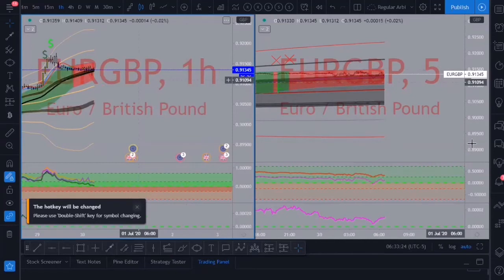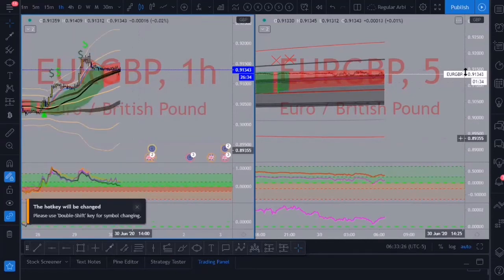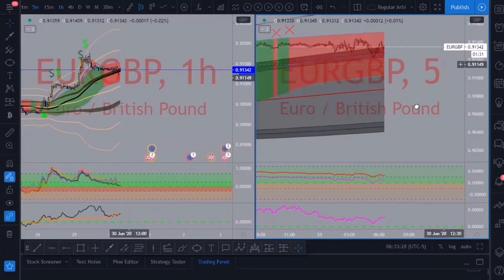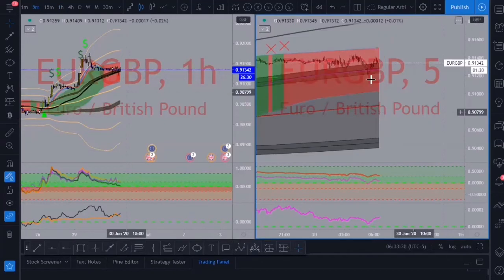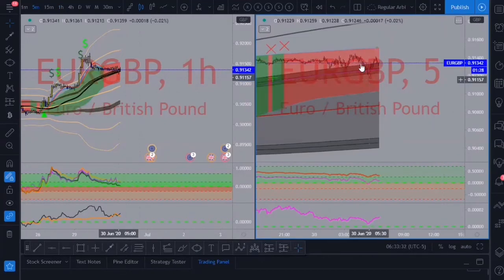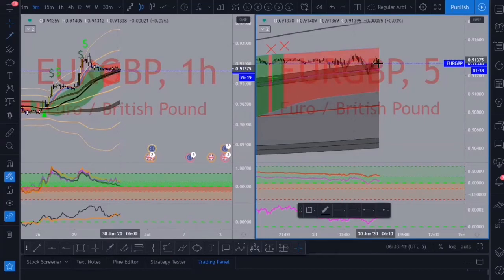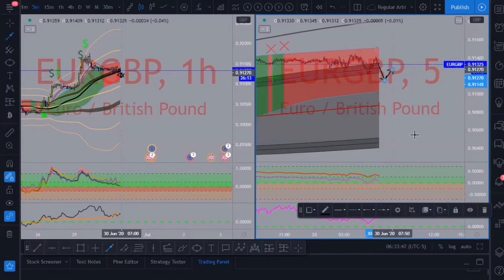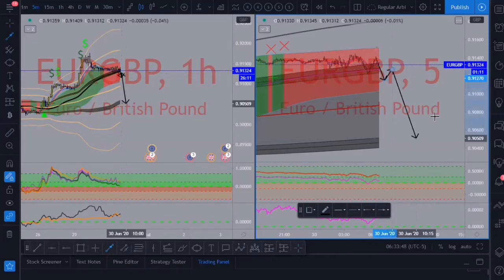All right. So Euro GBP, this is something definitely to watch out for a sell. This sell might be coming very shortly. We did have price almost fake out and break through the 5-minute Euro upper danger zone, but it didn't. But I still do expect price to break through, retest, then drop some more.